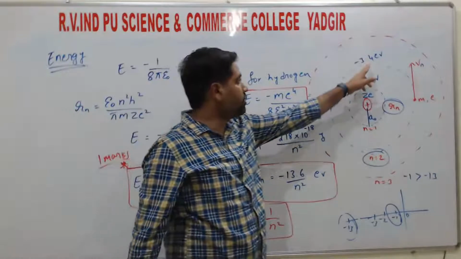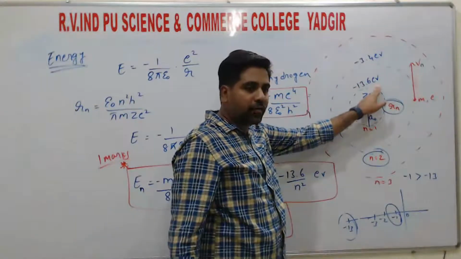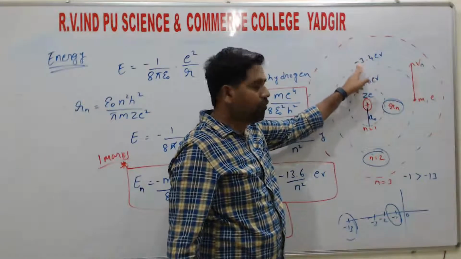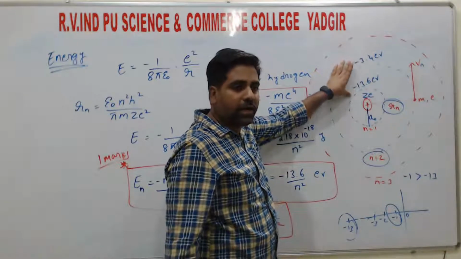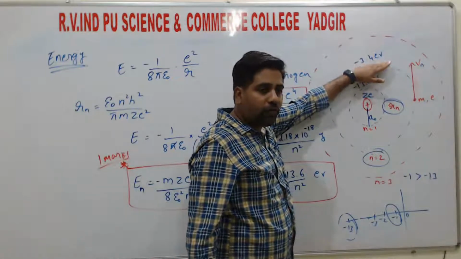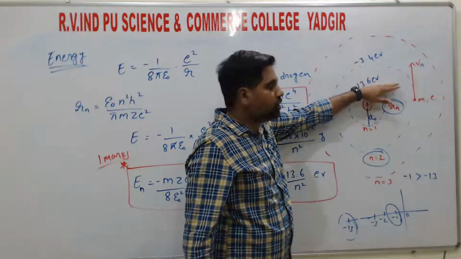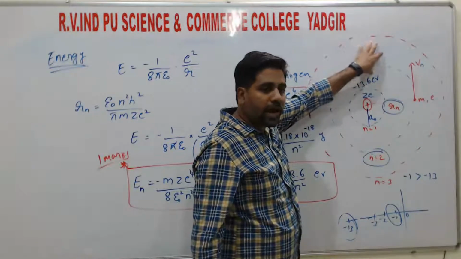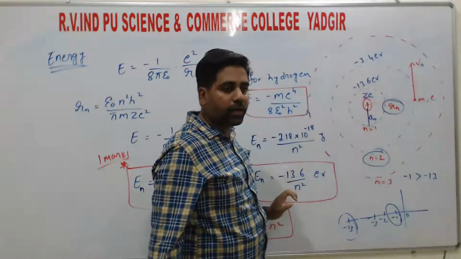Don't compare only the magnitudes, that 3.4 is smaller than 13.6, because here we have the negative symbol. We need to concentrate on the negative symbol. That means minus 3.4 is bigger than minus 13.6 electron volt. So in the second orbit we have greater energy compared to the first orbit.